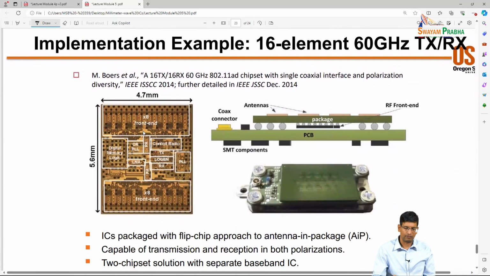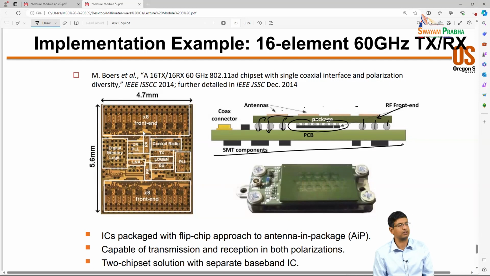And just to highlight the packaging here, this is a typical approach for packaging such large arrays, which is that the IC is flip chipped onto an interposer which has the antennas, and from the antenna substrate you have a BGA that is then coming onto your conventional PCB.